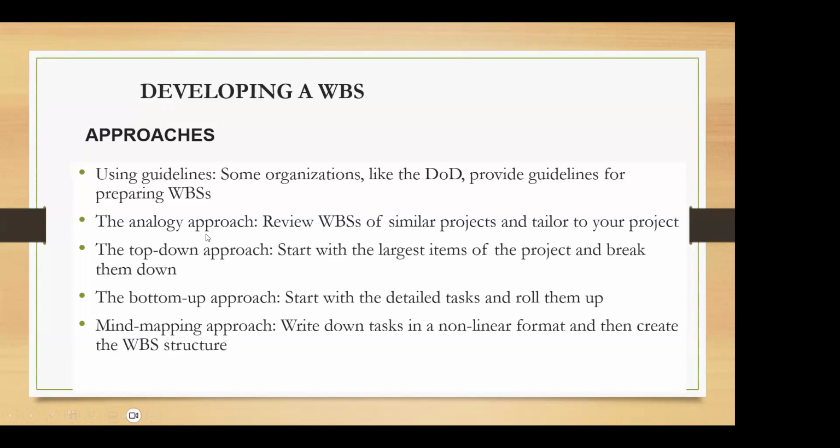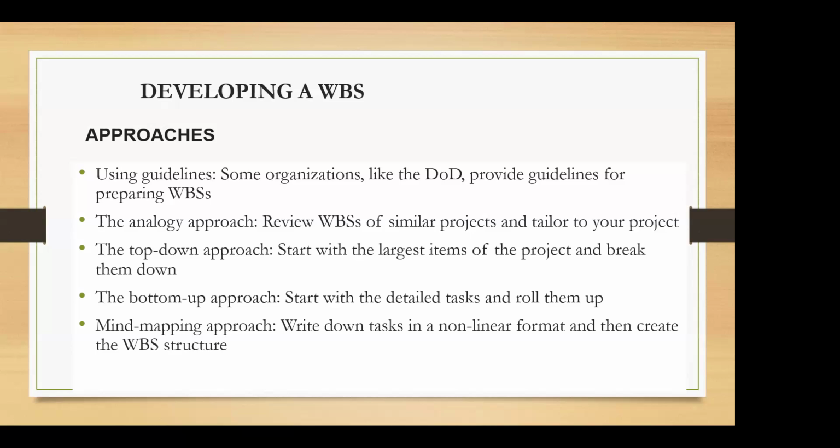The second approach is what we call the analogy approach, right? In the analogy approach, you look at the work breakdown structures of similar projects. You might have similar looking projects that you have done earlier, and you have their work breakdown structures.